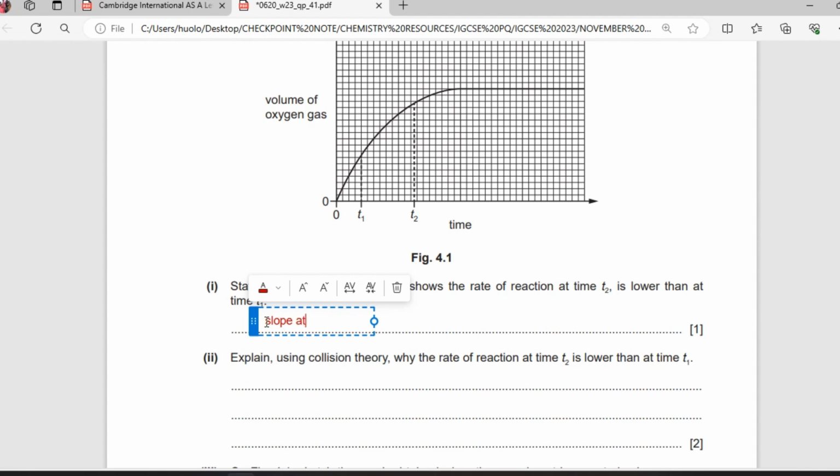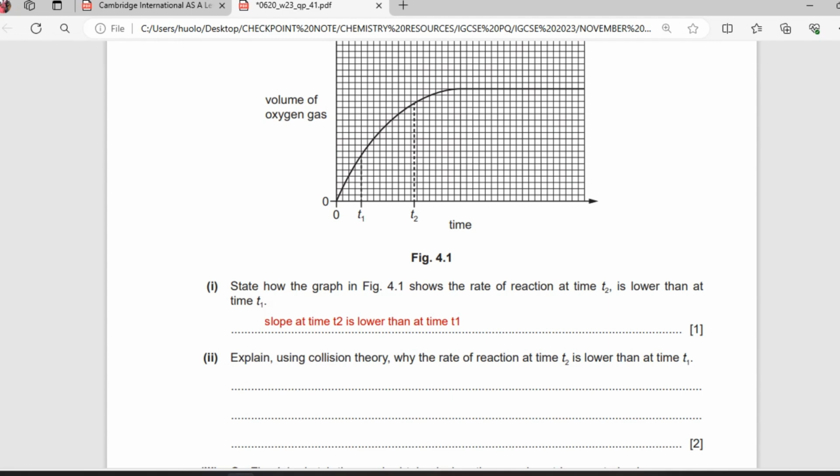Slope at time t2 is lower than at time t1. Okay, so that's what you need to write.